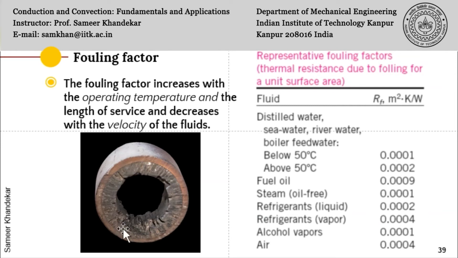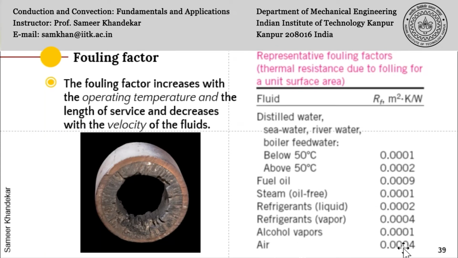They may also be a little acidic, which can react with this material. Then there are additives, and if water gets mixed with fuel, then coagulation also takes place. Some gummy materials may come and get deposited in fuel lines of heavy oil and diesel especially. Then steam flowing will also lead to fouling. Then refrigerants, the liquid side and the vapor side, you can see in fact the vapor side fouling is higher than the liquid side fouling in this case.